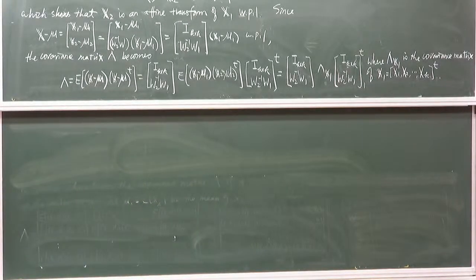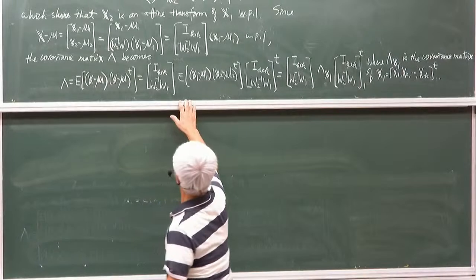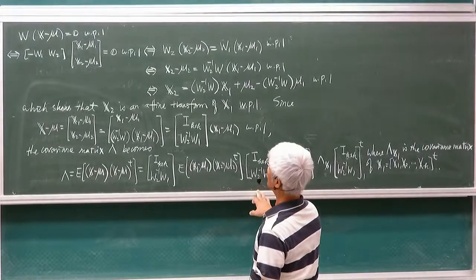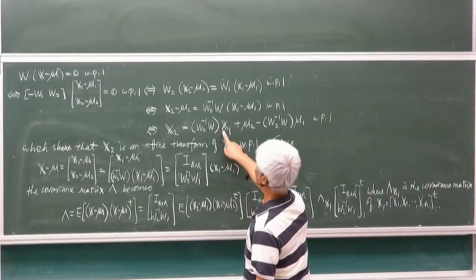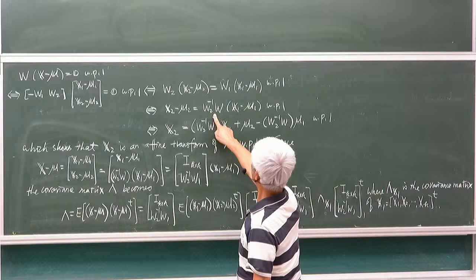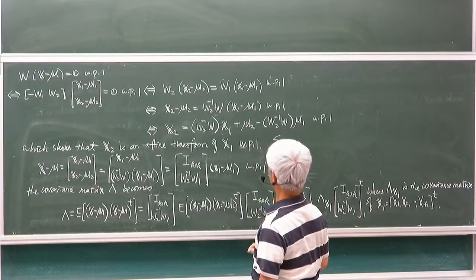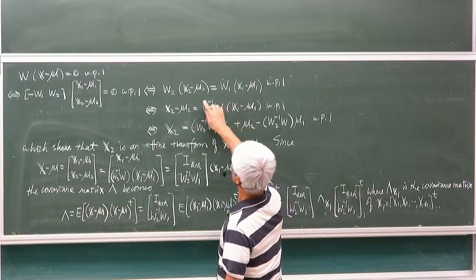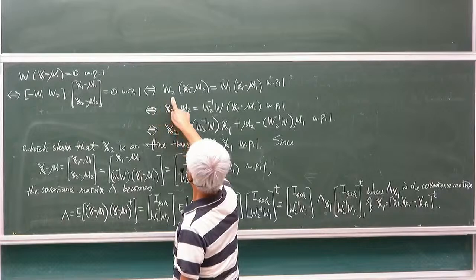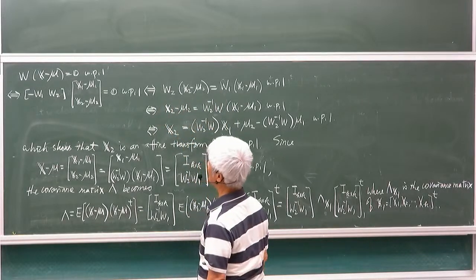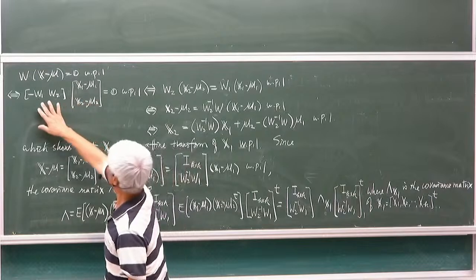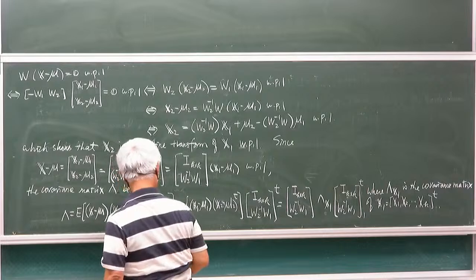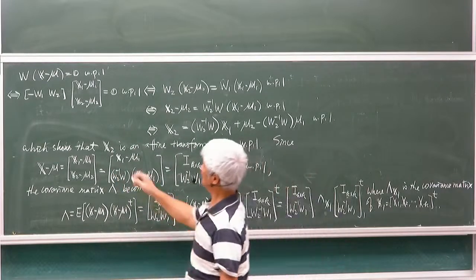Yes? From the third row, how do you change omega 1 by omega? The second row is omega 1 times x1 minus mu1. Yeah, but if you move to the right hand side, right? You mean the W or mu?